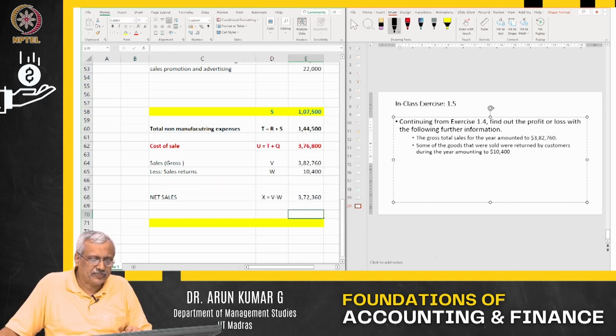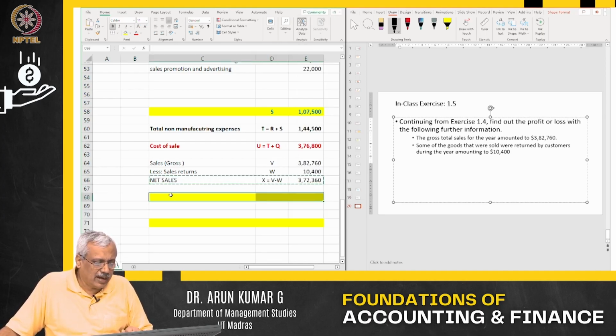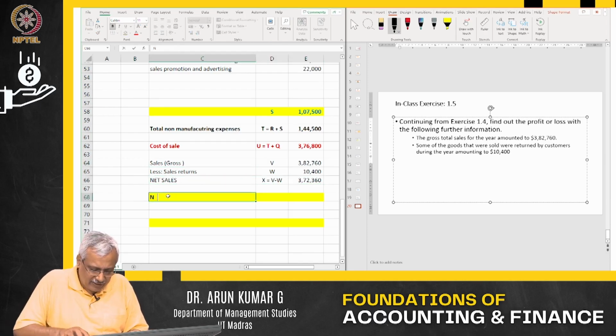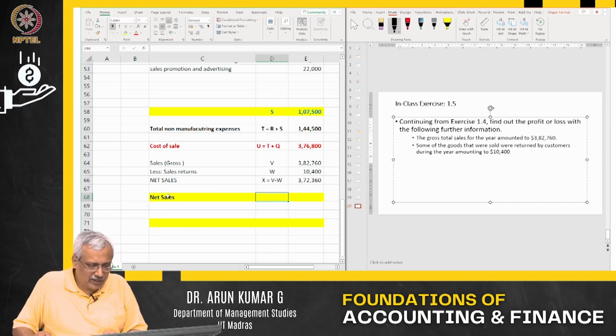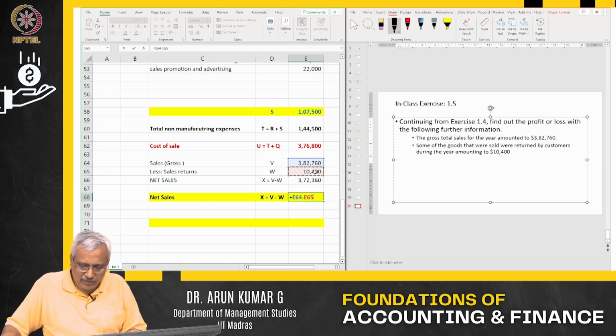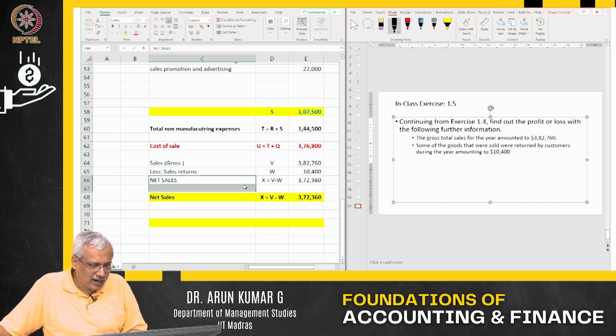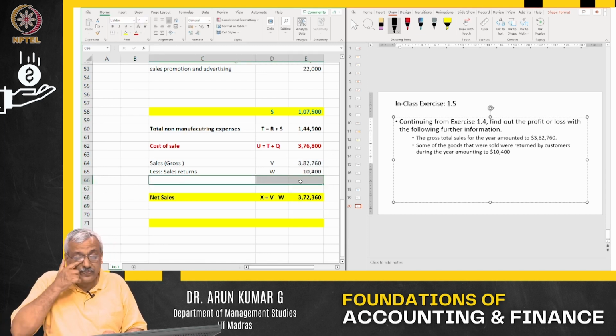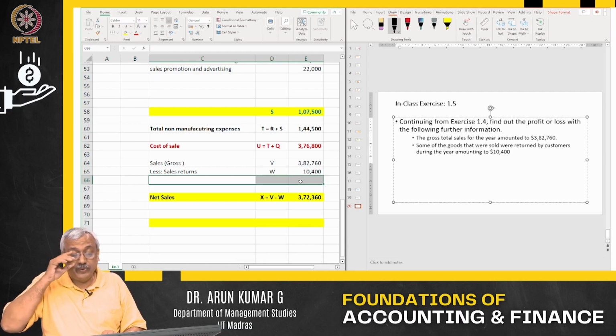I'm just going to write this up here: net sales is equal to X is equal to V minus W, where V is this, minus W, the return. I'm just going to erase this off.